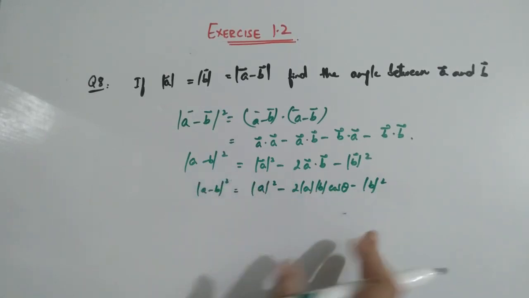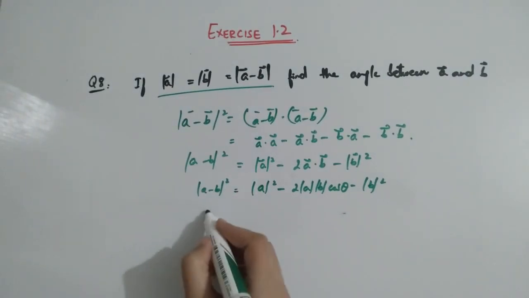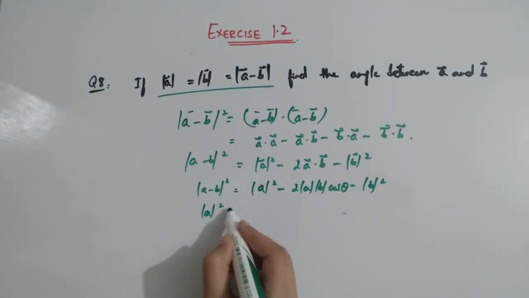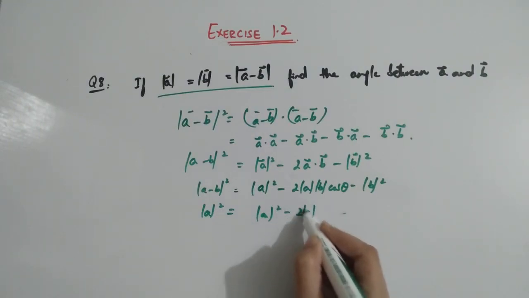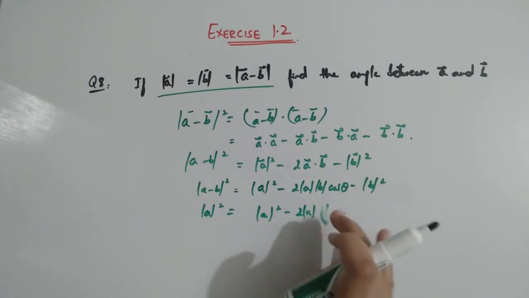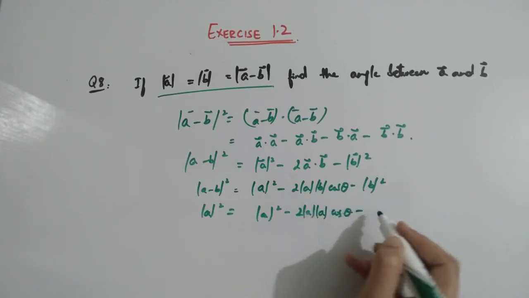Now using the given fact that the 3 magnitudes are equal, you can write |A − B|² as |A|², and replacing |B| with |A| as well, minus |A|².